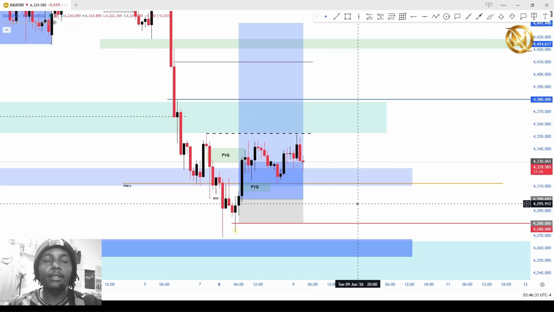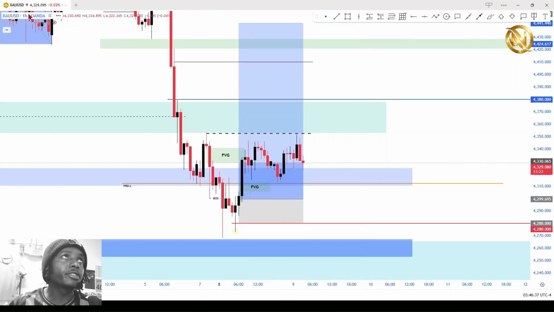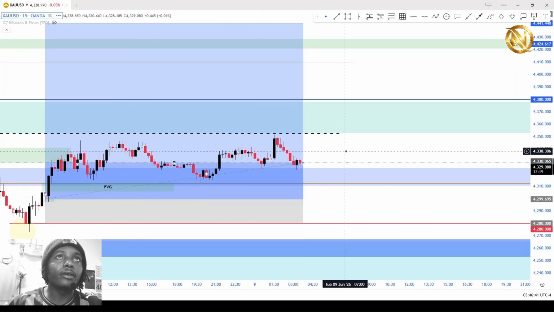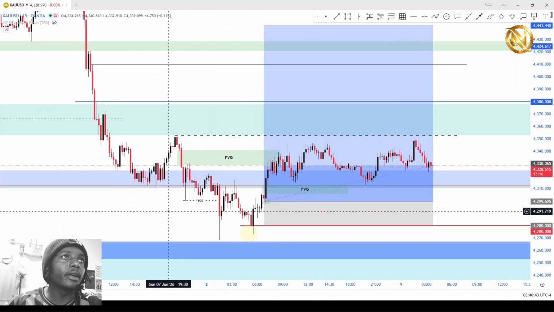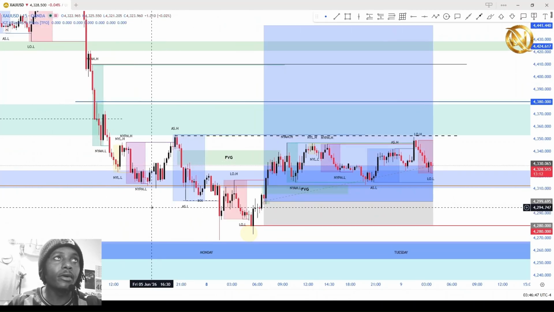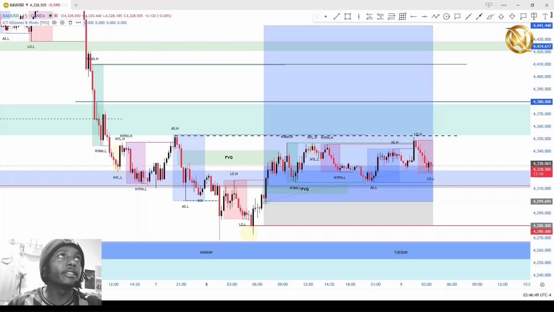My next thing that I was going to look for was a shift in market structure. So I scaled down to the 15-minute, and on the 15-minute we are also going to see the session's high and session's low. So I use ICT kill zones and pivot TFO.